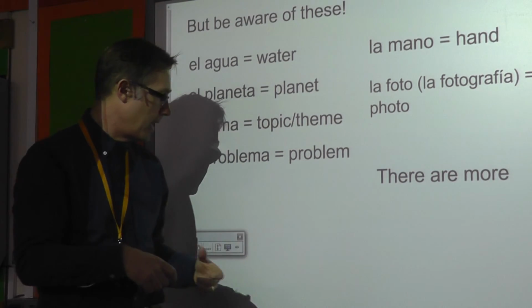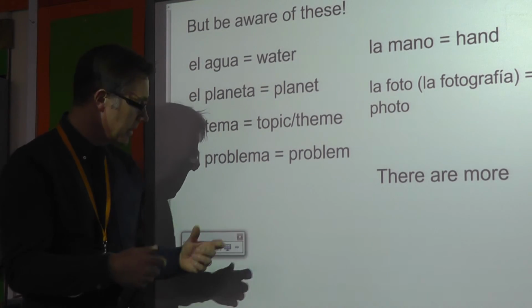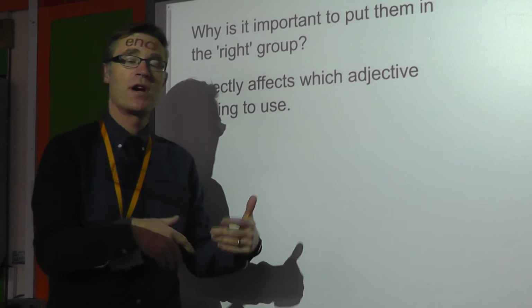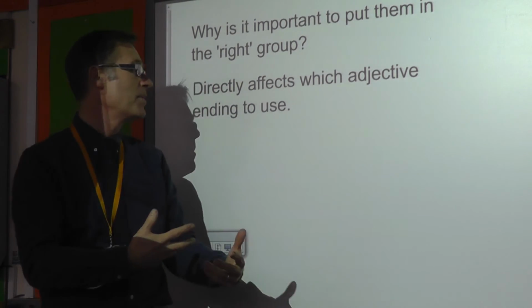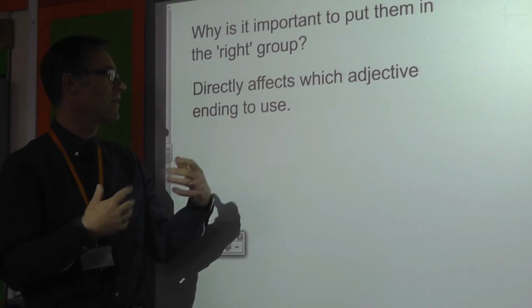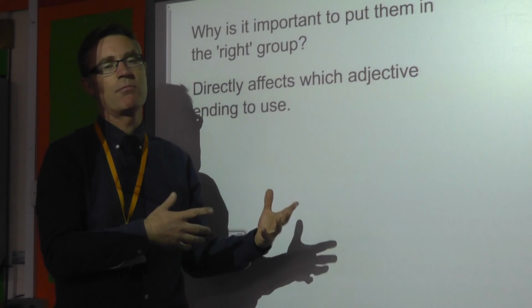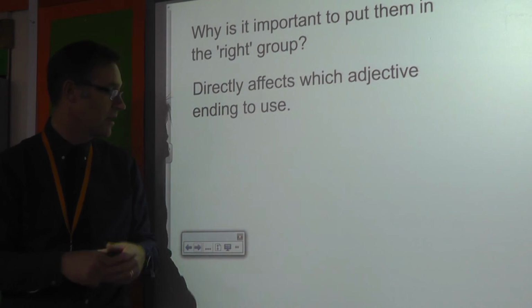Okay, so I hope that's helped you a little bit with nouns. It's really important that we know if a noun is masculine or feminine, because that's going to directly affect adjectives when we come to have a look at those, and we'll be looking at those in a video very shortly.